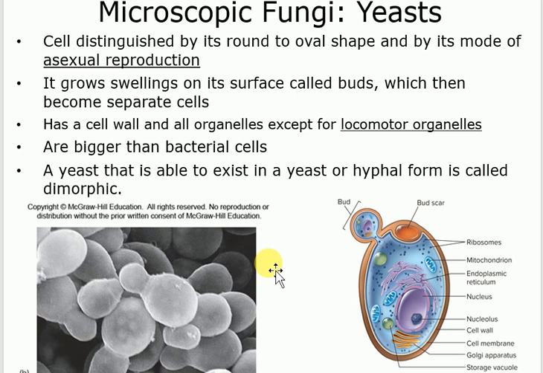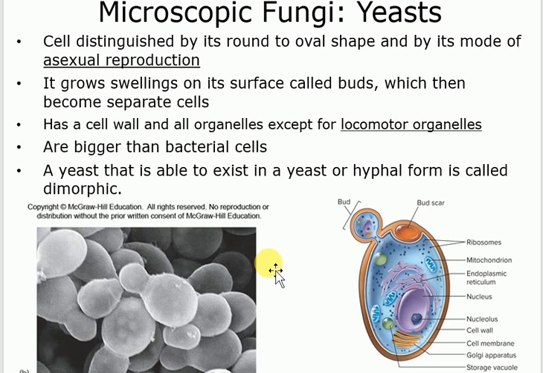Because it's eukaryote, they have all organelles, but the yeast also have a cell wall. Not all eukaryotes have a cell wall, right? Actually, most of the eukaryotes do not have a cell wall, right? We have a cell membrane. Do you remember this? Prokaryotes, they do. Eukaryotes, yeast have it. The yeast have a cell wall. And they have all types of organelles. The one that they do not have is the locomotor organelles.